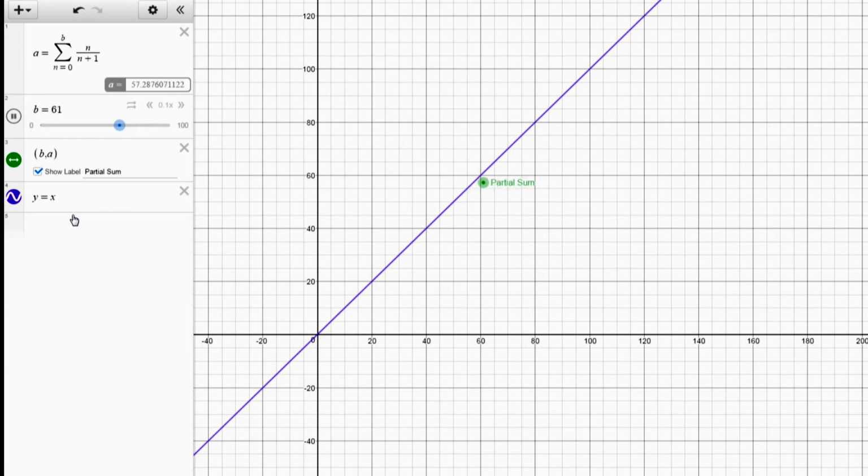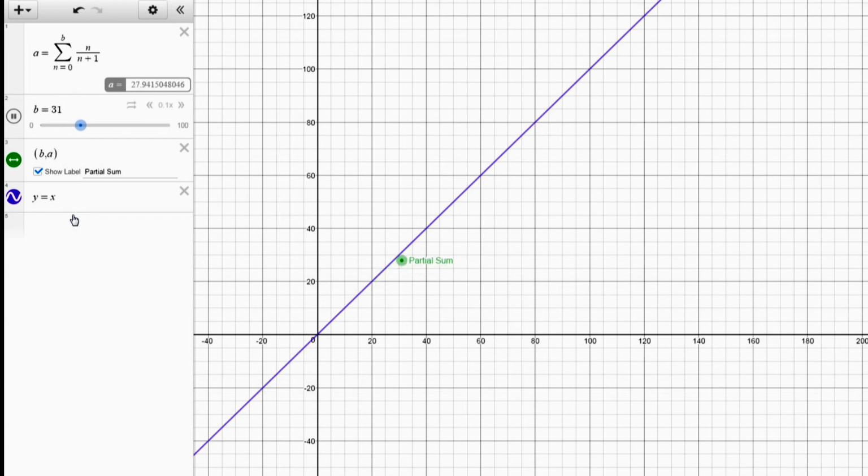Now, why did I do that? Well, remember, I just got done saying that eventually you're adding something close to 1, something close to 1, something close to 1. Well, what does that mean? That means eventually those partial sums have a slope of 1. Every time you bring in one more term, your running total goes up by basically 1. And that's what the line y equals x does, right? That's a line with slope 1.